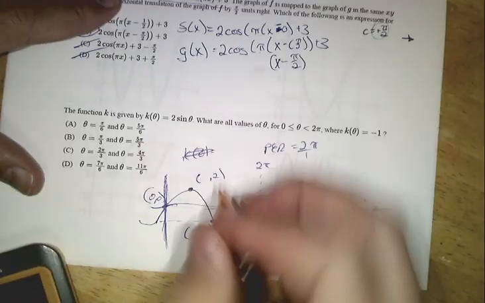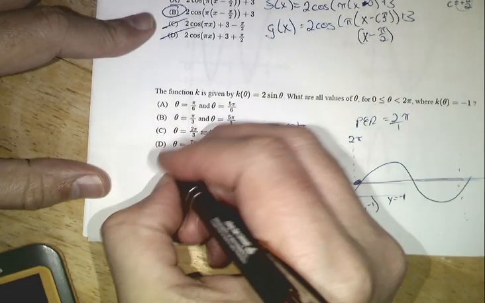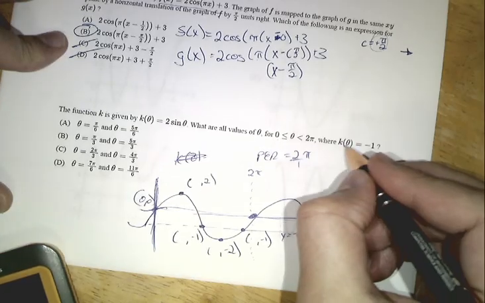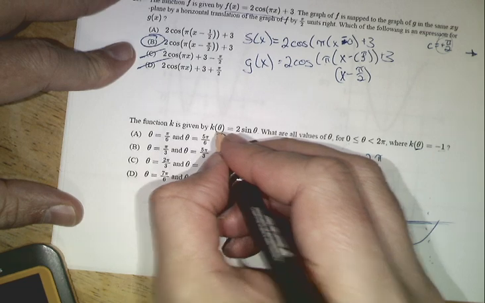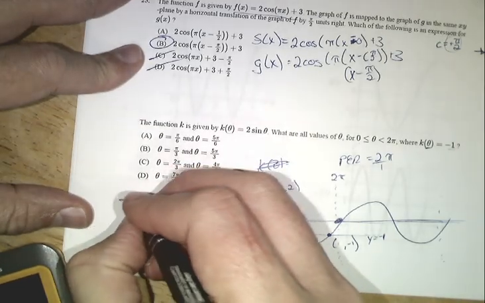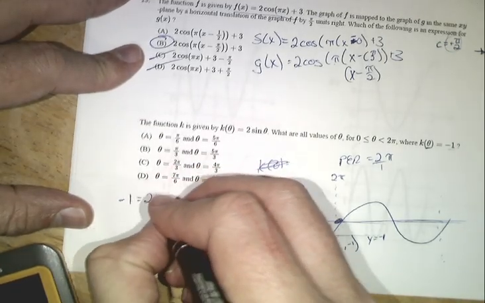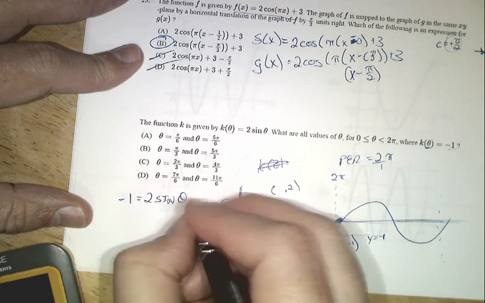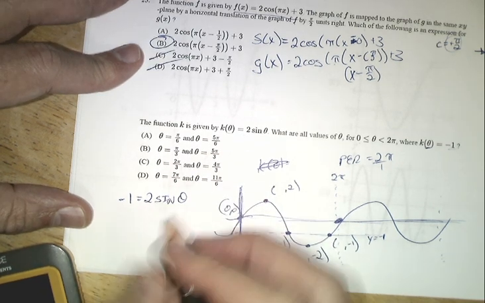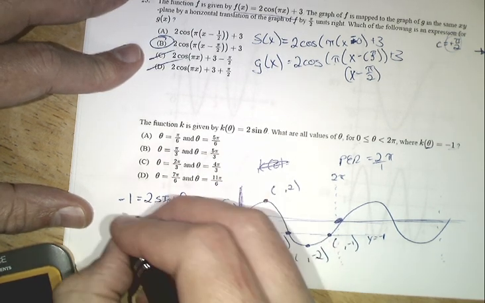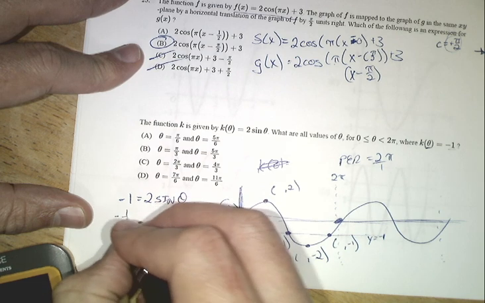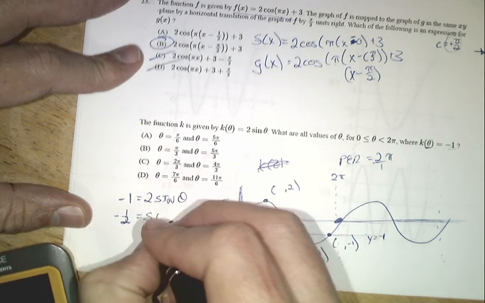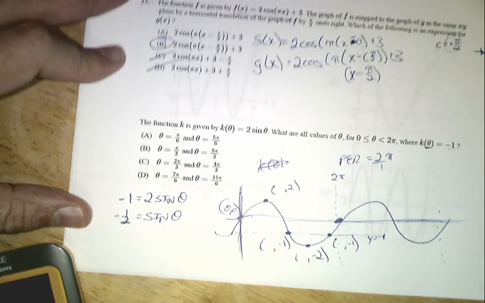We're going to do a little bit of algebra here. If k of theta equals negative 1, then negative 1 is equal to 2 sine of theta. Now, let's get theta by itself. I can divide both sides by 2. Negative 1/2 is equal to sine theta.